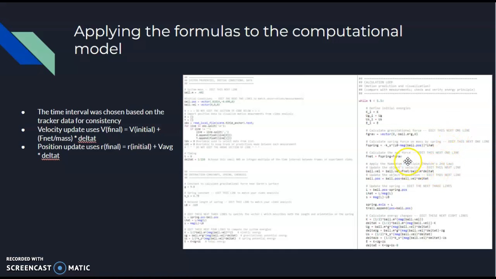And then this is where the velocity is being updated, and this is where the position is being updated. And then we need to also update the spring's force and data because it's not a constant force. So these will update over time based on these equations. And then we calculate the energies down here with these formulas.